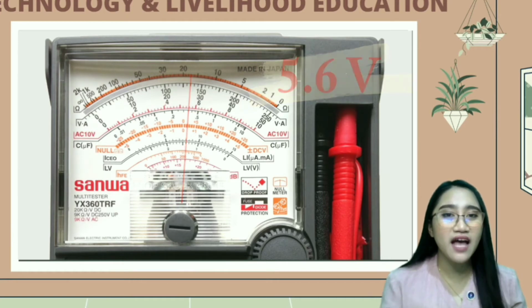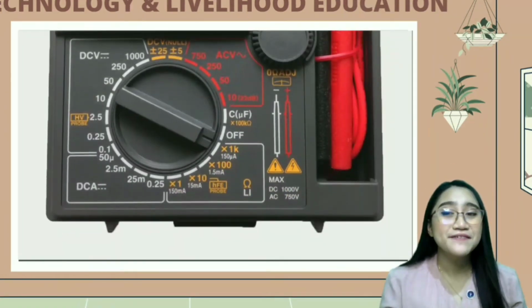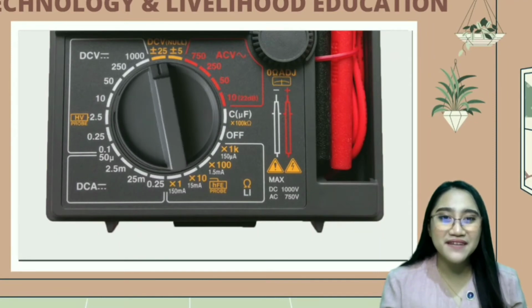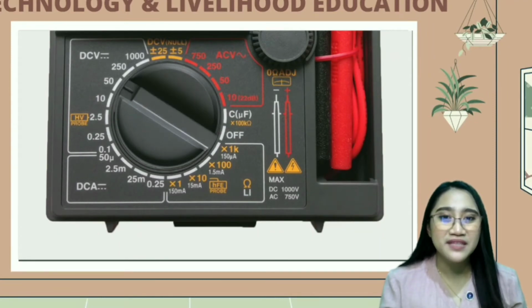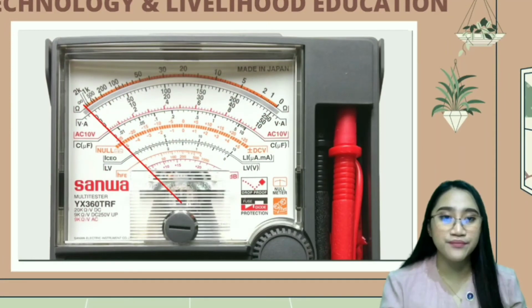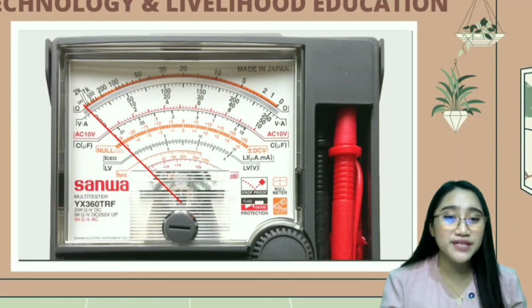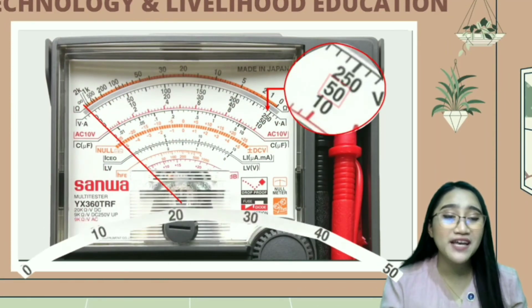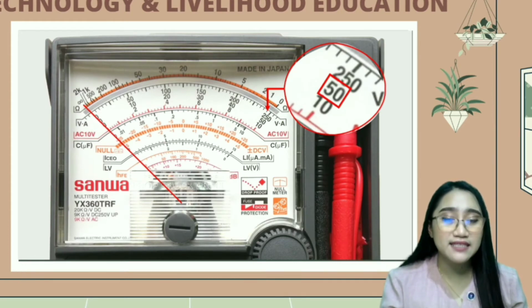Now let's set our range to 50 direct current voltage. Let's go back to our scale. The scale that we are going to read is from the range of 50, and from now we will read the black line at the upper part of our scale. So, what is the value of each division at the range of 50?